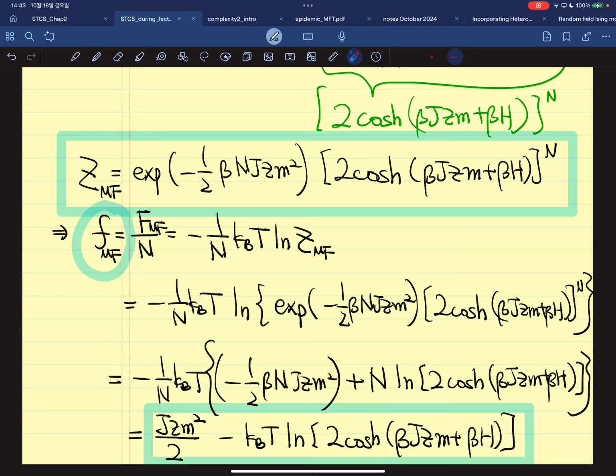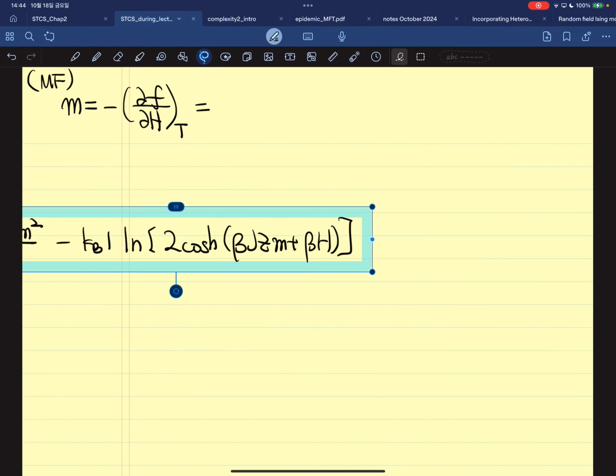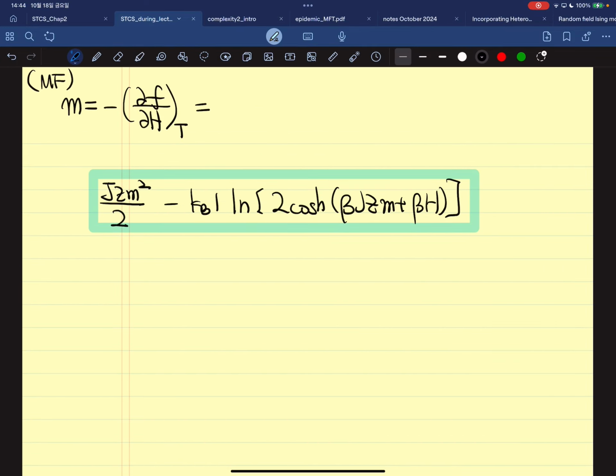So if you really, let's take this. This is F. You have to be careful that M is also a function of temperature and H.